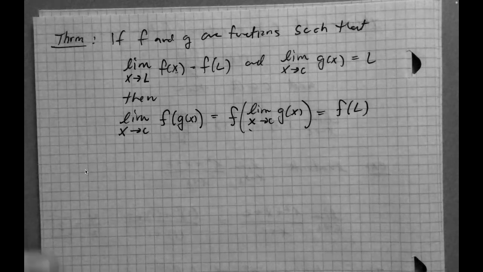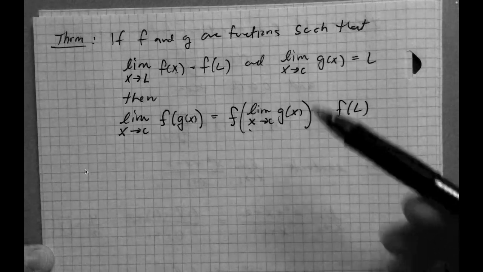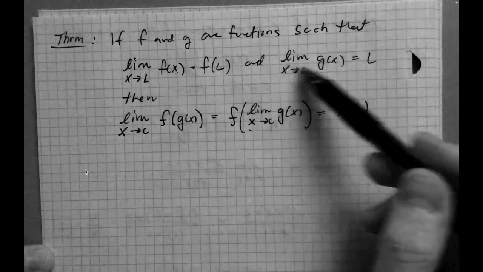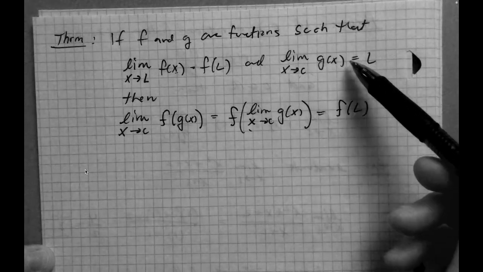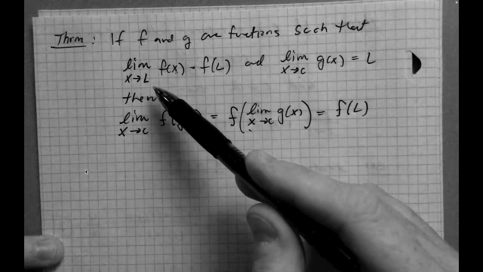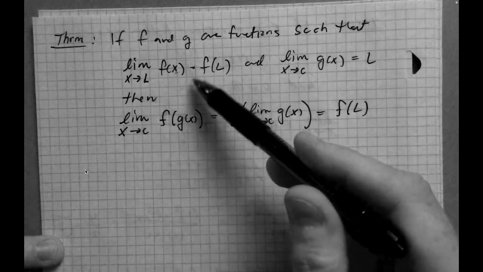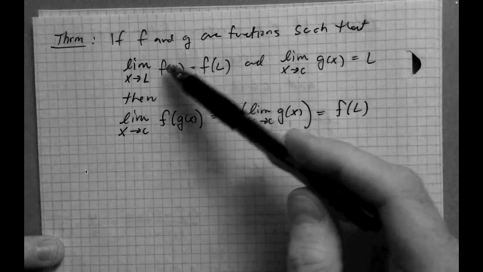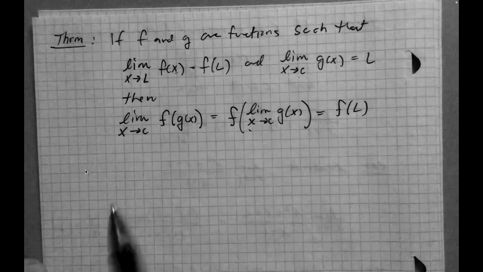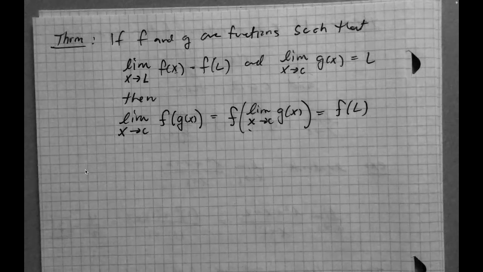Let me say that again. If the limit of the interior function g is equal to L as x approaches some point c, and the limit of the exterior function f as x approaches L is f of L, then we may move the limit inside the composition.